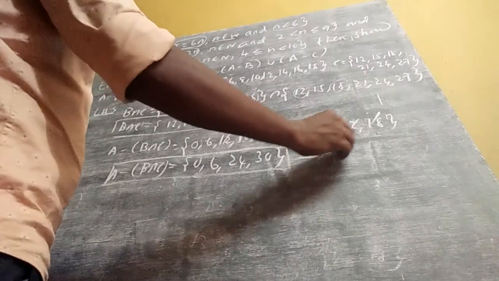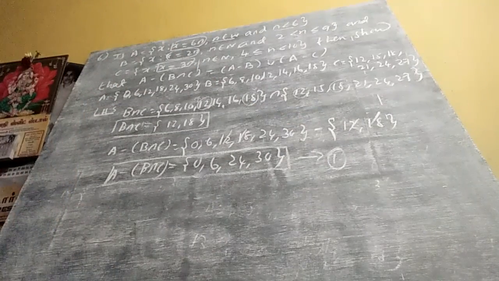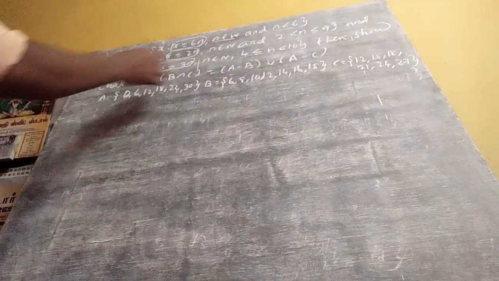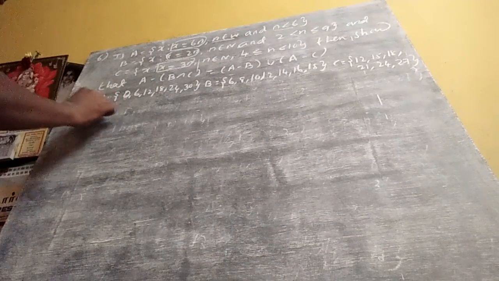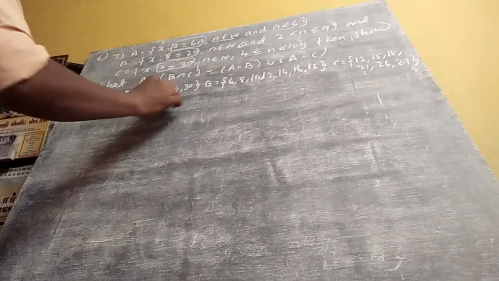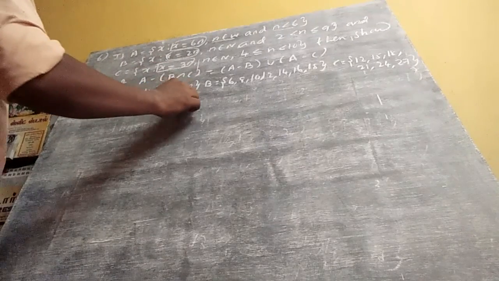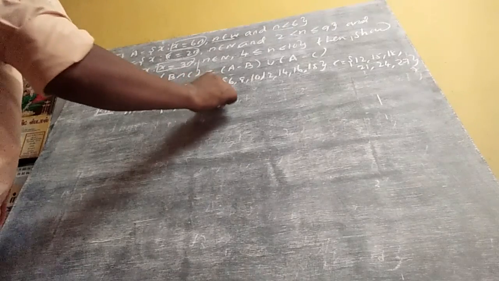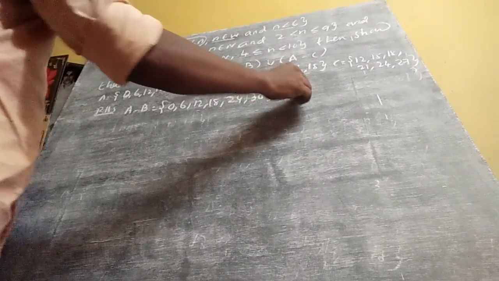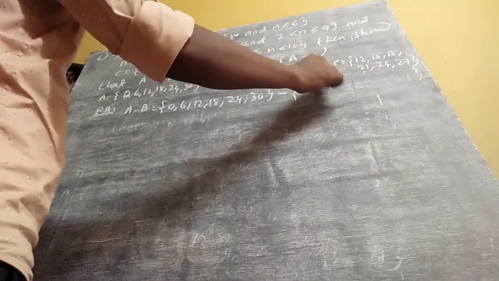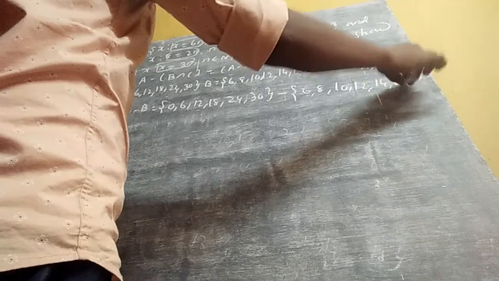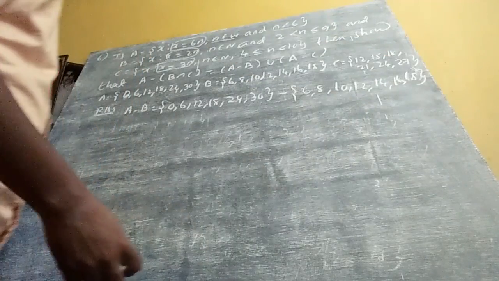Equation 1 we can take. Okay. Next equation, that means the RHS side. What is the RHS side? A minus B. The A value 0, 6, 12, 18, 24, 30 minus 6, 8, 10, 12, 14, 16, 18.